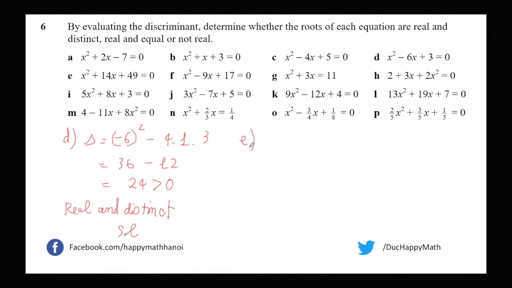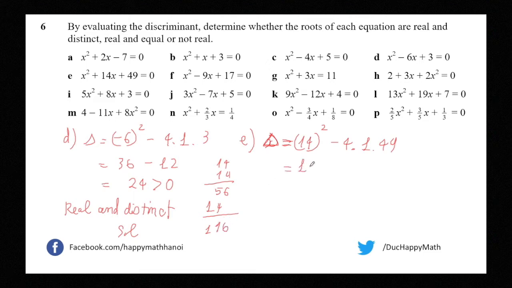Question E. Delta will be equal to b squared. This means this one squared minus 4ac. 14 times 14. Let's check with me. 6, 5, 4, 1. Is that right? Okay, right.